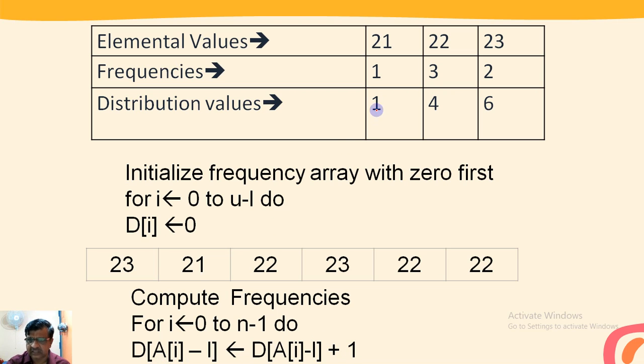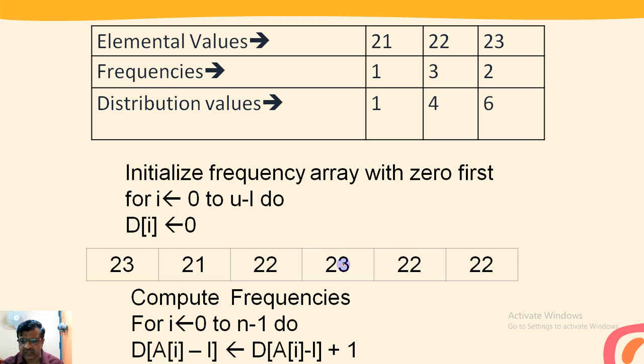This place will get 1 now. Once again 21 is appearing, 21 minus 21 is 0, d of 0 is equal to what was there in the 0th position, 0 plus 1, so it will get 1. Once again for 22, it is 22 minus 21, which is 1, d of 1 equals d of 1 plus 1; it was 0 before, so it will get 1.